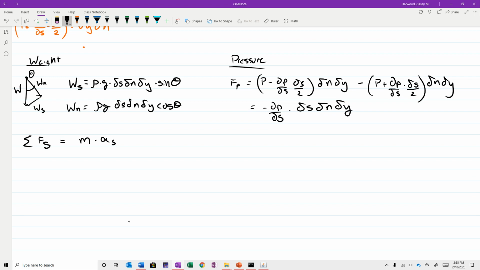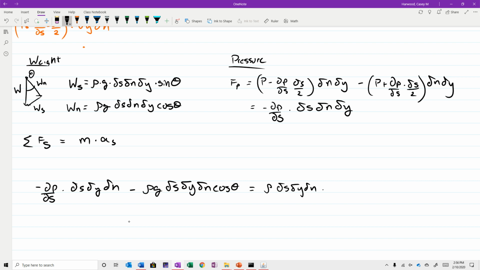We can write this now as negative dp ds times delta s delta y delta n, minus rho g delta s delta y delta n cosine of theta, is equal to, the mass, which can be written simply as rho delta s delta y delta n, times the acceleration in the streamwise direction.